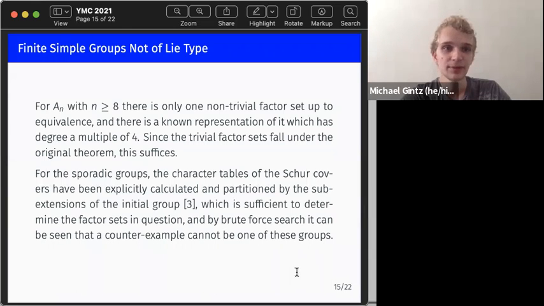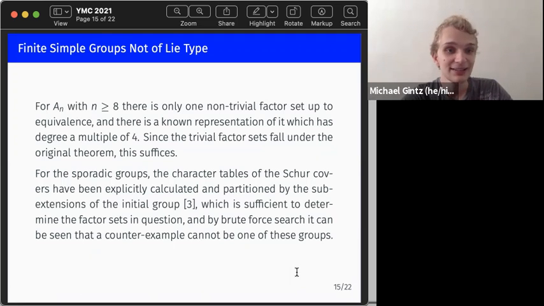So first of all, we claim that any counterexample G over L cannot be a finite simple group that is not of Lie type. In particular, we won't quite look at the group A7, but we will show this for every other group. A7 we'll have to look at separately, obviously, since it has a special relationship to this theorem.